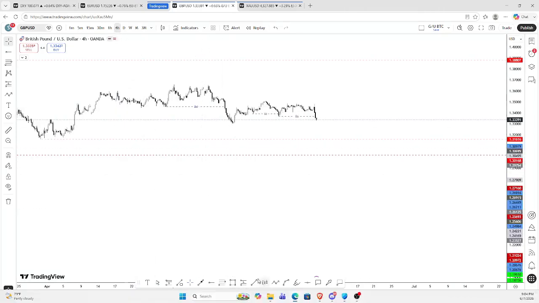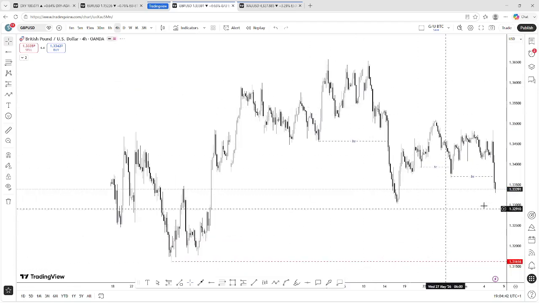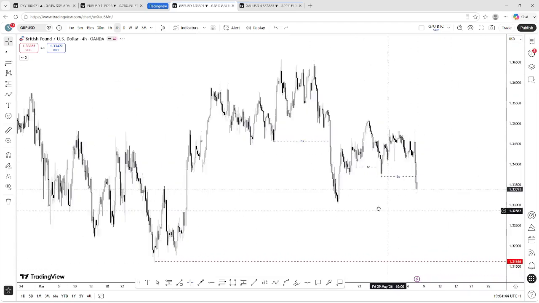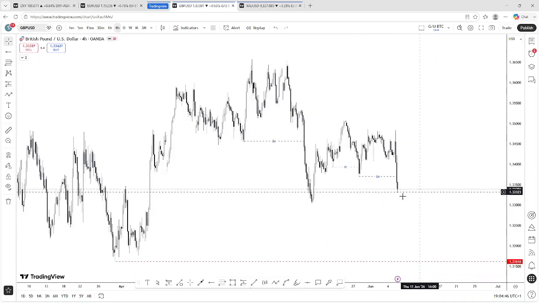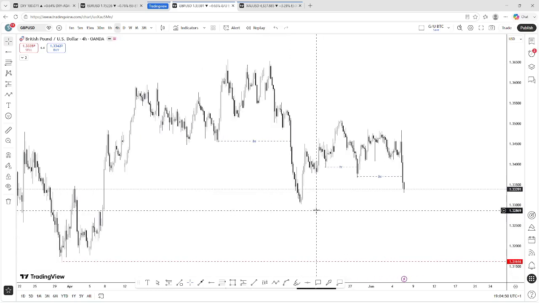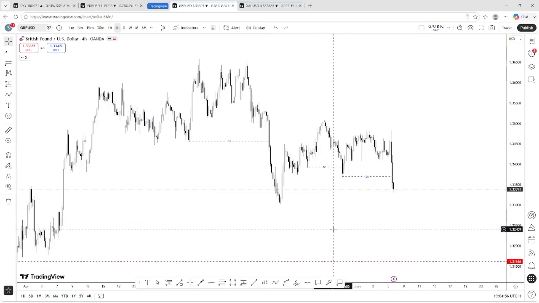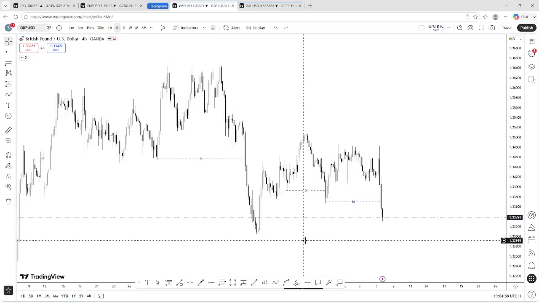The main important thing to put in mind is that currently the dollar is very, very bullish, and it is being caused by the rising inflation and the hawkish stance of the Federal Reserve.